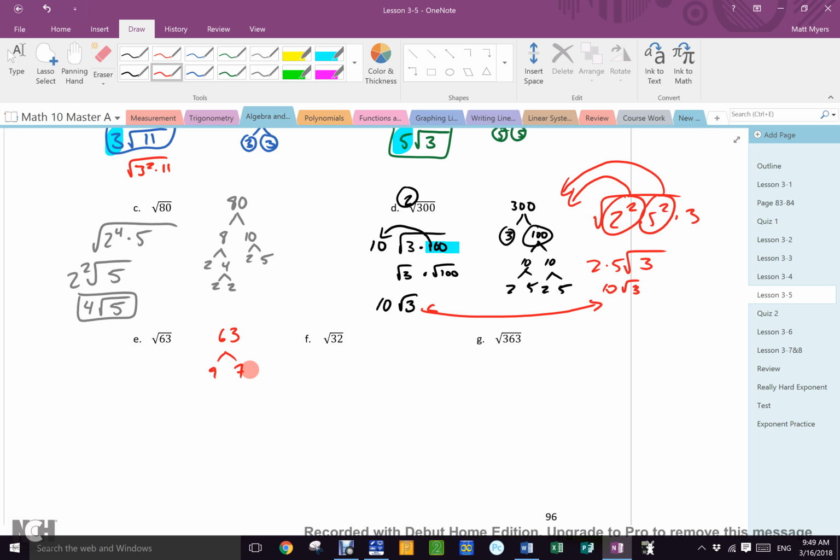Okay. I can stop there because 9 has a square root, doesn't it? So this is really the square root of 9 times 7. What's the square root of 9? 3. So out comes 3, and we leave 7 under there. That's the whole plan.